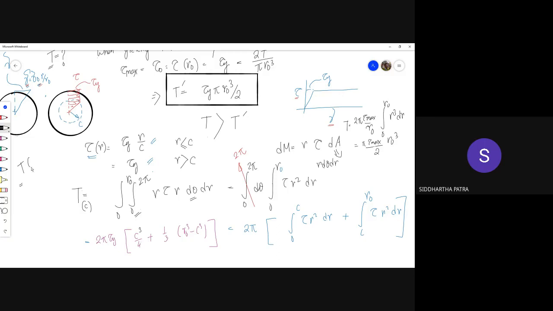So next thing is, get the expression for T when c equals R0. Substitute c equal R0 and get the expression for T. What expression do you get?